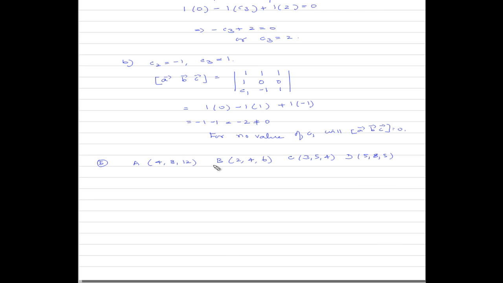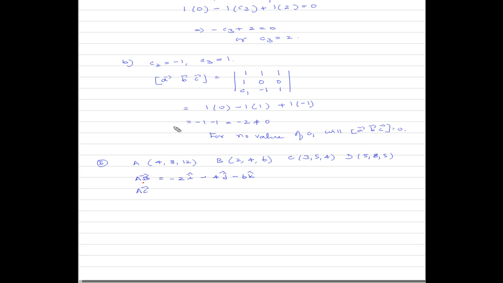So just we have to subtract. So how do you subtract? AB vector can be found by subtracting A vector from B vector. So 2 minus 4, so minus 2i, minus 4j, minus 6k.